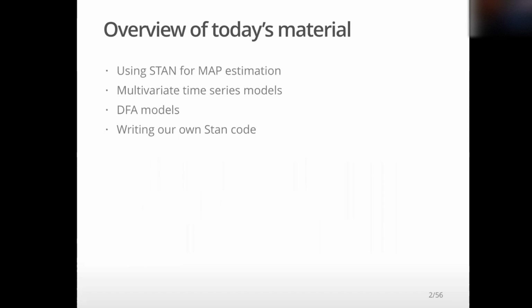So for starters, I wanted to just push pause on the Bayesian estimation. I think that Stan is super powerful for doing MCMC very efficiently, and we talked about that a little bit on Tuesday.